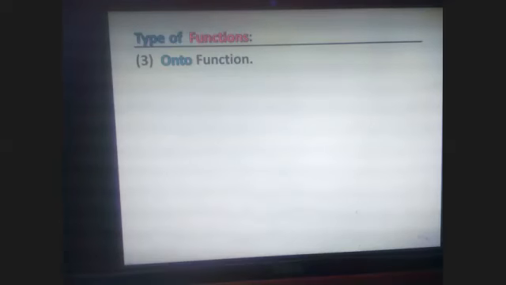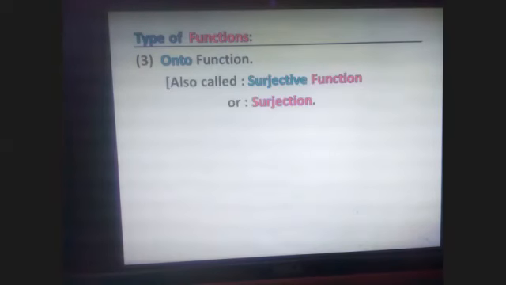Now onto function. We have 1-to-1, many-to-one, and onto functions. Onto is also known as a surjective function or a surjection. 1-to-1 is also known as an injective function or injection.